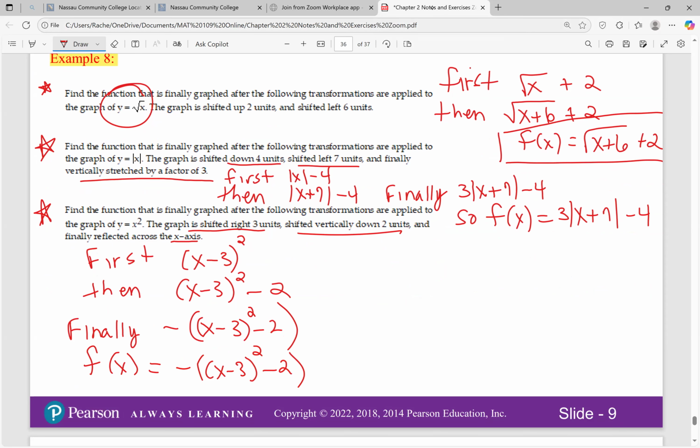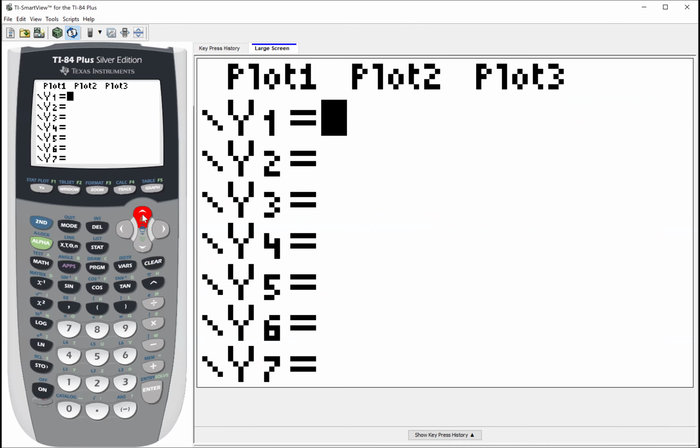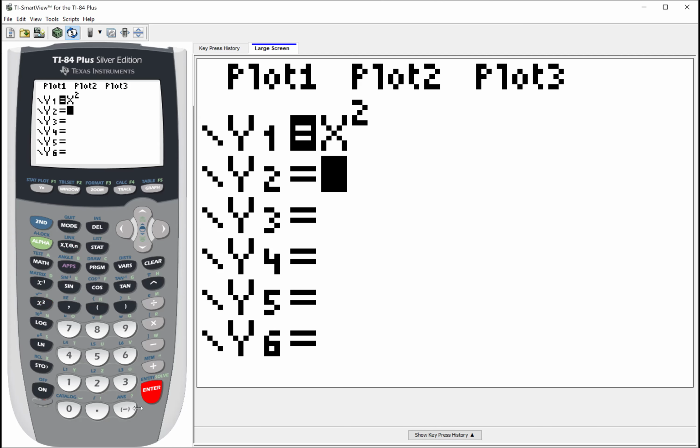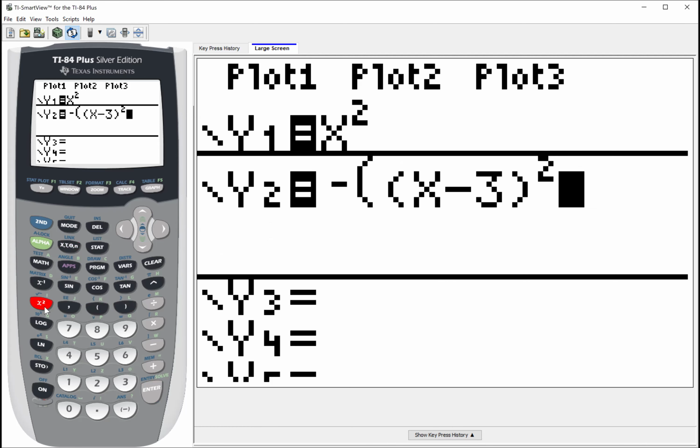So we'll graph this last one. So let's start with x squared. And then we have negative x minus 3 squared minus 2.